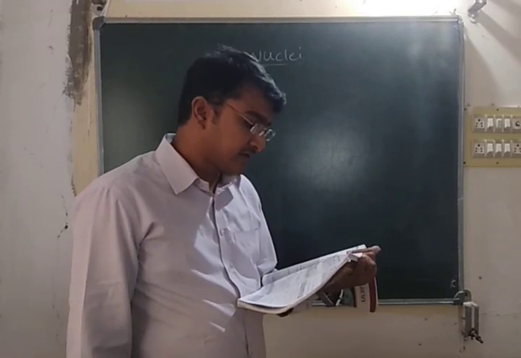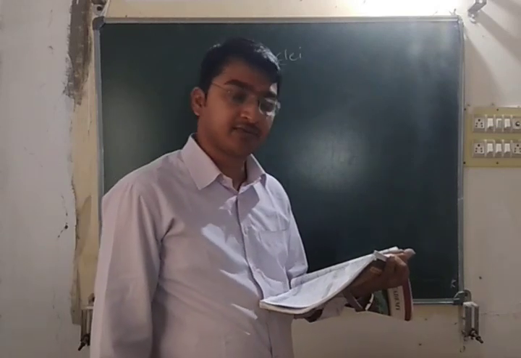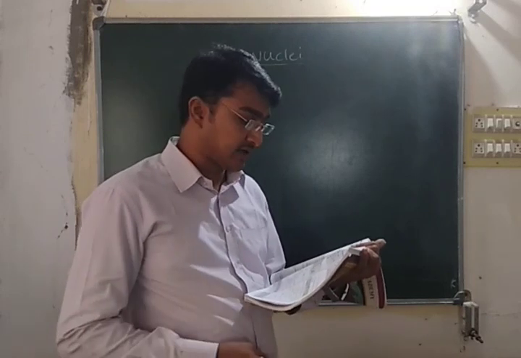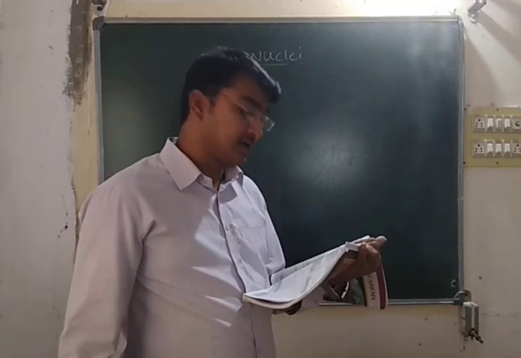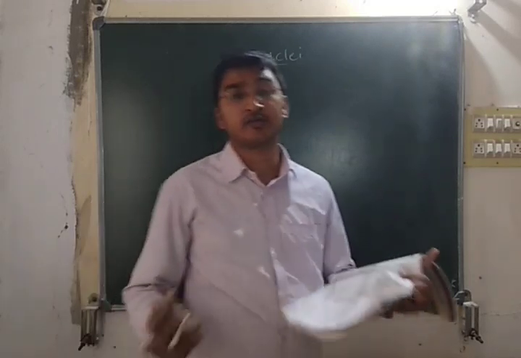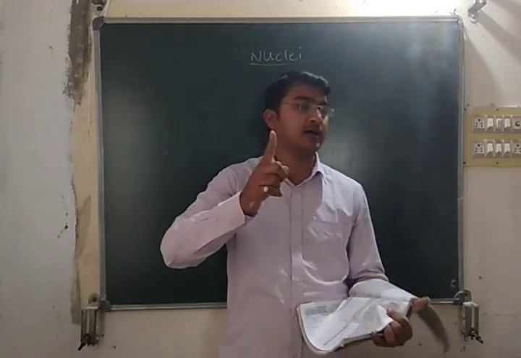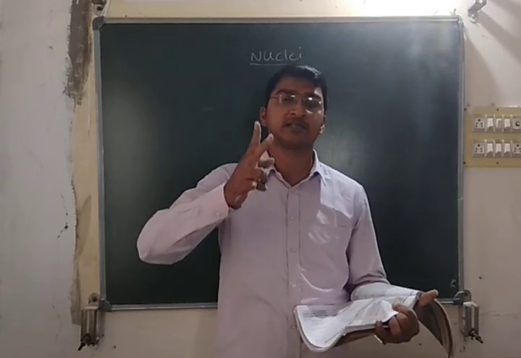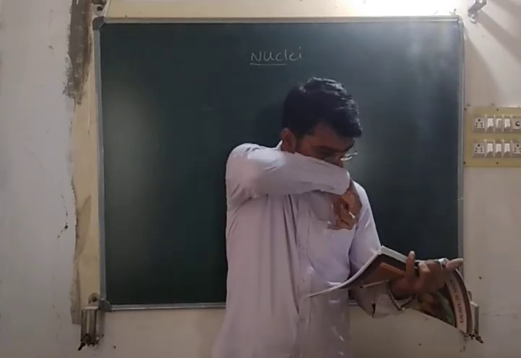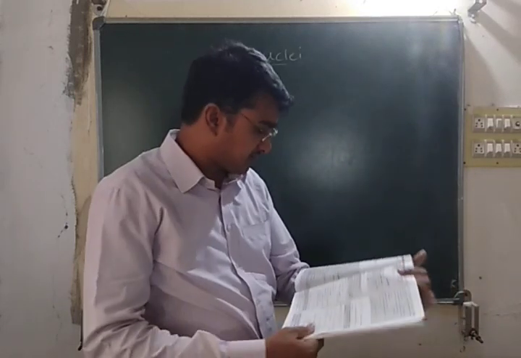In a nuclear reaction, we have conservation of mass only, energy only, momentum only, but option D is conservation of mass, energy and momentum. Remember that in a nuclear reaction, all three conservations will exist.